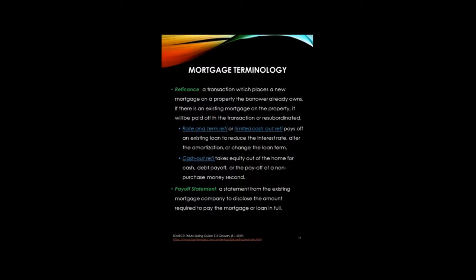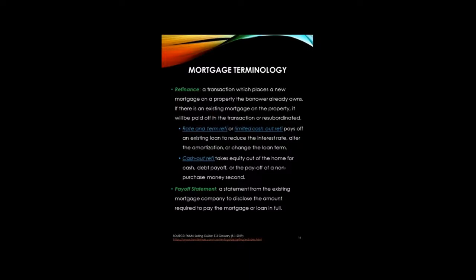Typically, people do that to get a lower interest rate, and that's called a rate and term, or limited cash out refinance, and that's used to pay off any second mortgages that were taken out at the first time of the loan when you purchased the property. Or you also have a cash out refi, and that's basically taking equity out of the house, paying off your HELOC maybe, and getting some cash in your hand.